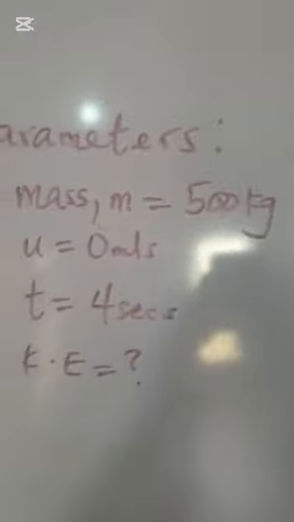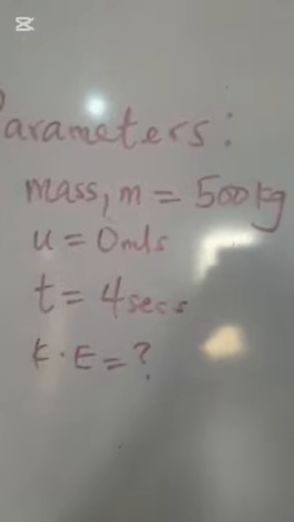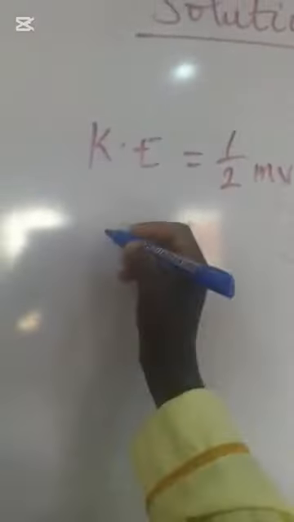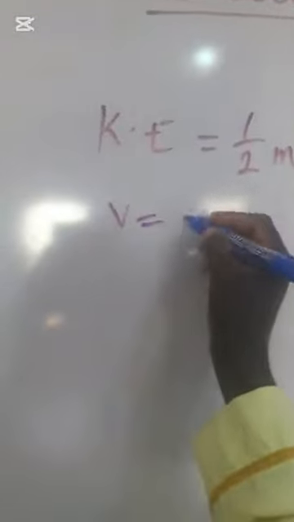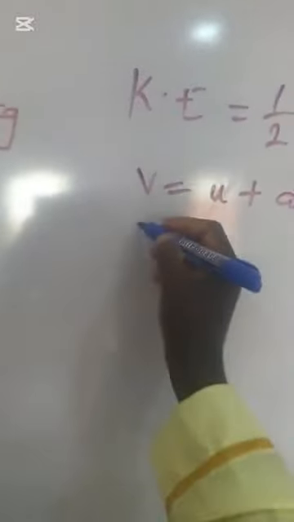But looking at the parameters here, we are not given v, so the first thing is to look for v. Which of the equations of motion can we use? We can use v is equal to u plus at.